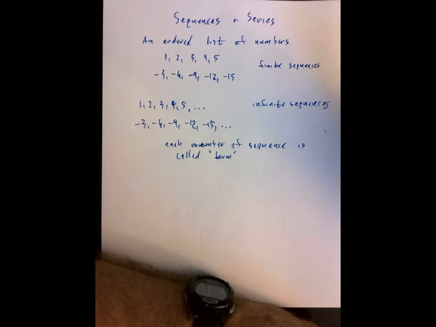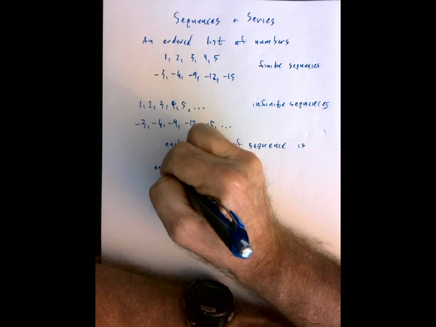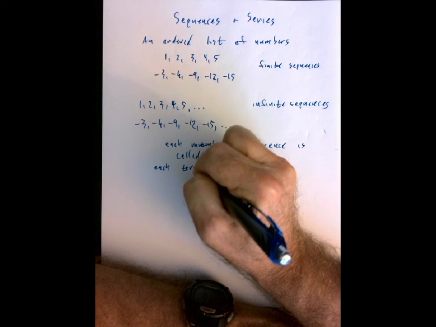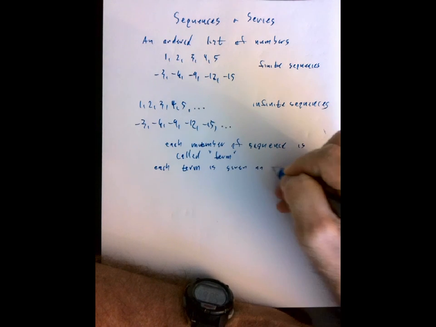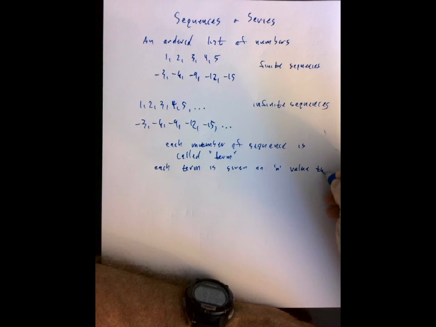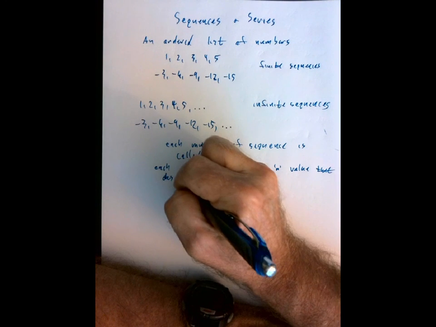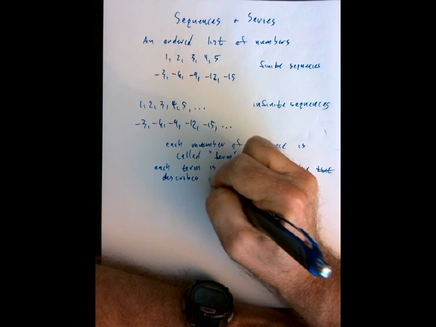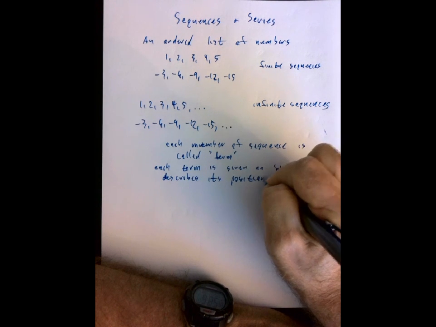And so each term is given an n value that describes its position in the sequence.